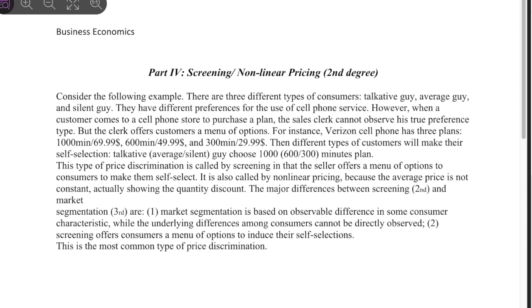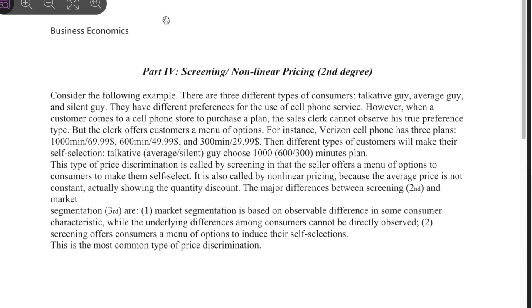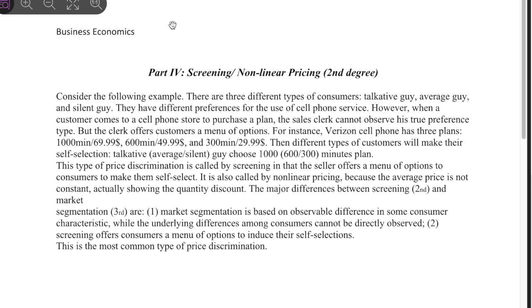The difference between third and second degree is whether we can tell the difference or not, right? For the third degree, we can tell for sure. For the second degree, we can't, right? So when we're talking about cell phone usage, let's say in this pandemic era, I'm not using phone calls all the time.